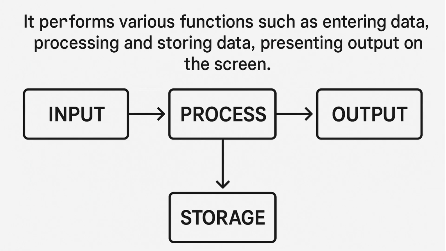It performs various functions such as entering data, processing and storing data, presenting output on the screen. That means a computer helps us enter the data, works on it, saves it, and then shows us the result.